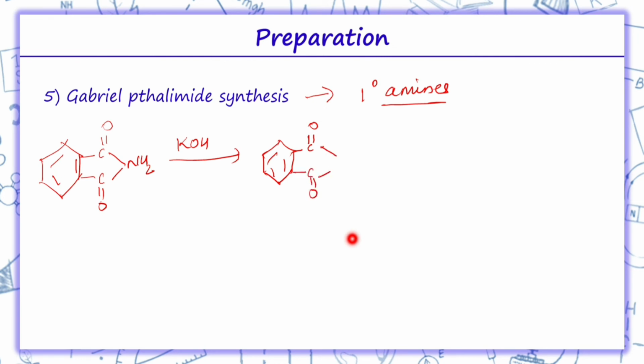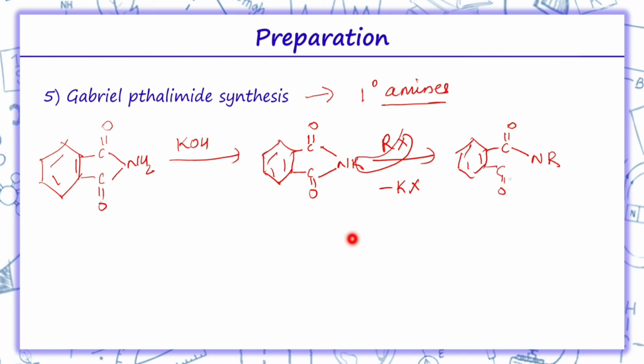So this is the potassium salt of phthalimide, which on heating with alkyl halide, that is RX, K and X will be removed and thus it will form N-alkyl phthalimide. So here we will get CONR.